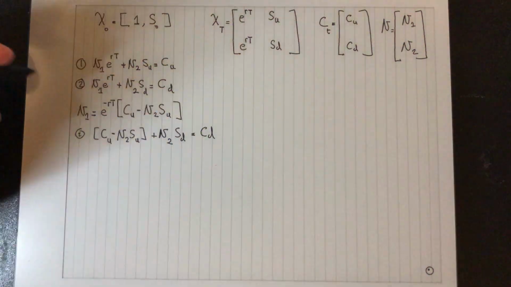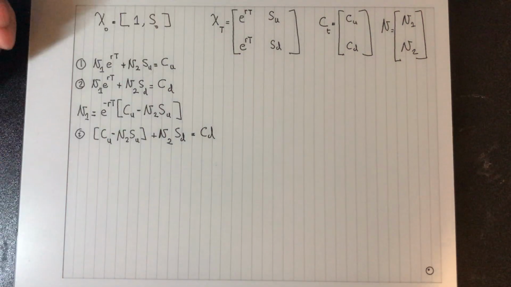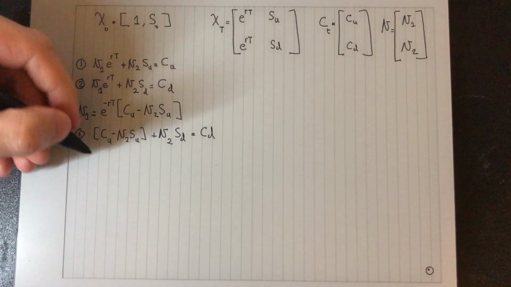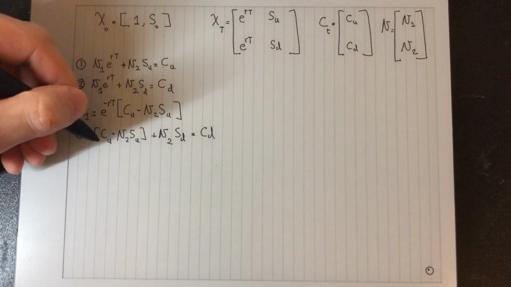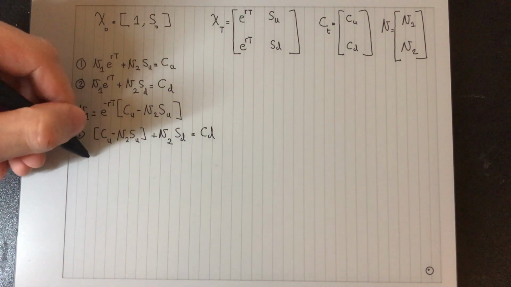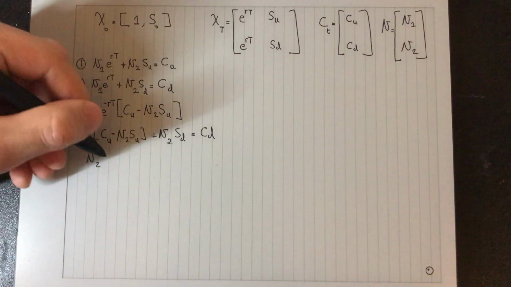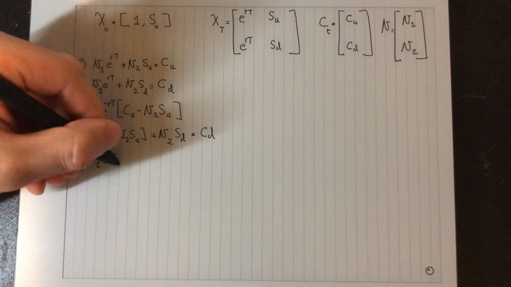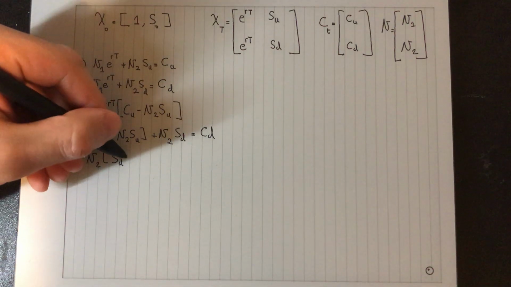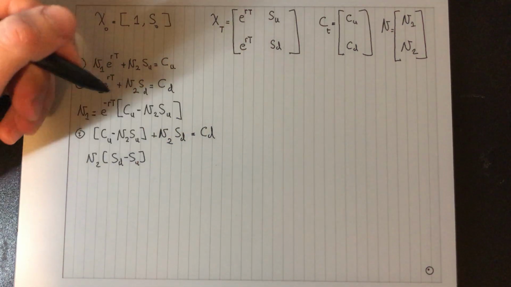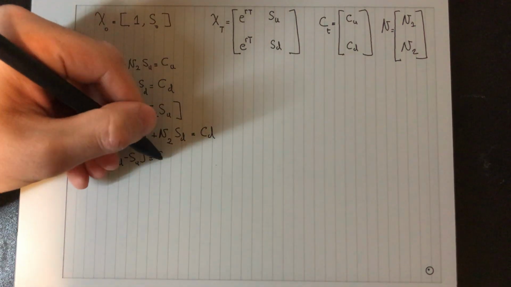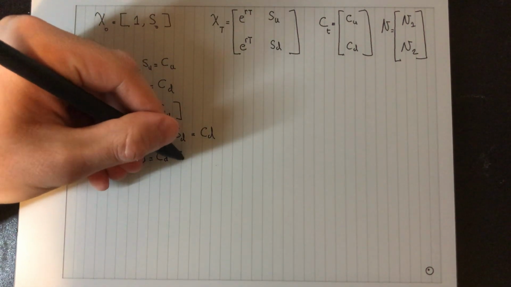And now we'll solve simply for N2 as we did solve for N1. And what we get is that by combining the N2s together, we get N2 multiplied by (S_D minus S_U), which is equal to C_D minus C_U.